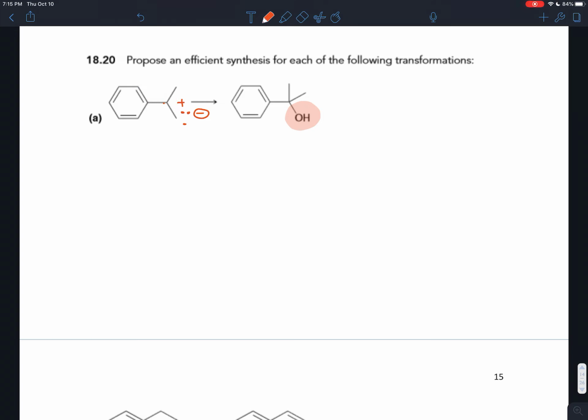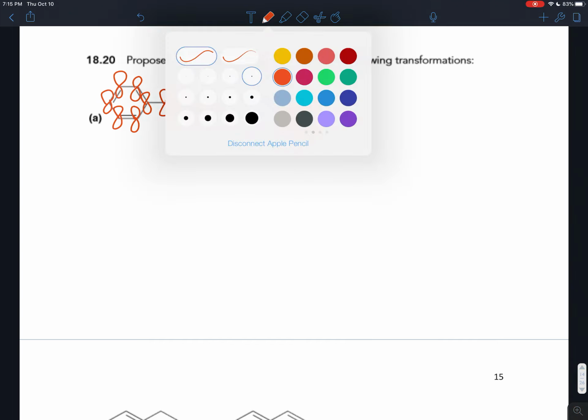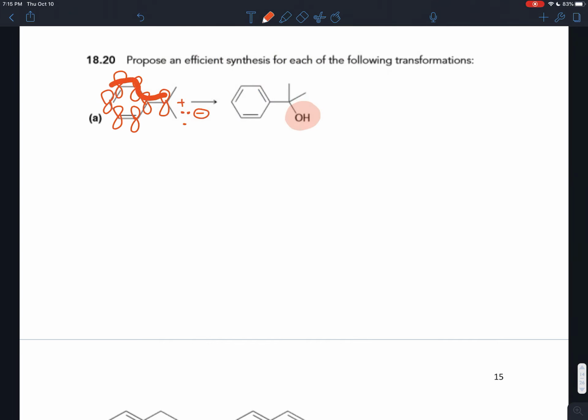All of those species would exist in a p orbital, and that p orbital would be parallel to the p orbitals that are forming the pi bonds all throughout that ring. So that if you had a positive charge or a lone pair with a negative charge, those could spread out through these parallel p orbitals and delocalize over the ring. That would make them more stable. So that benzylic position is really reactive.